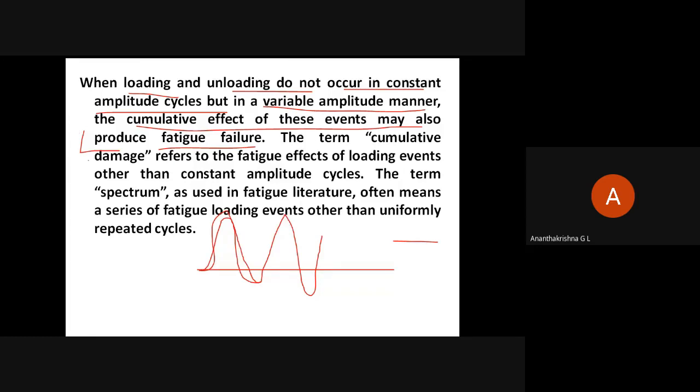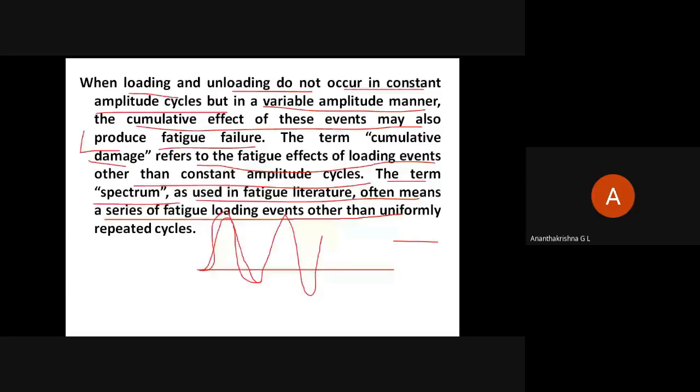The term cumulative damage refers to fatigue effects of loading events other than constant amplitude cycles. The term spectrum is used in fatigue literature to mean a series of fatigue loading events other than uniformly repeated cycles. See, it is not uniformly repeated like come down, come up, come down. It is not uniform.